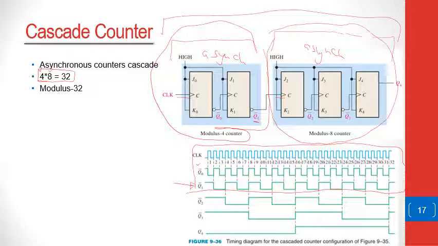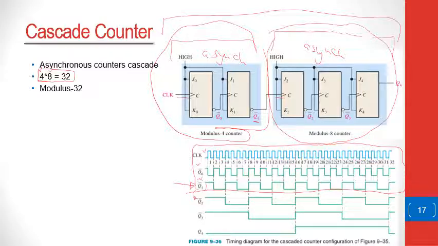Q0 will simply be half the frequency of the clock signal, and Q1 by extension will have half the frequency of Q0. And if you use Q1 now as the input clock to Q2, then you keep halving the frequencies, so that ultimately the resulting modulus of the counter is the multiplication of the moduli of all of these counters.